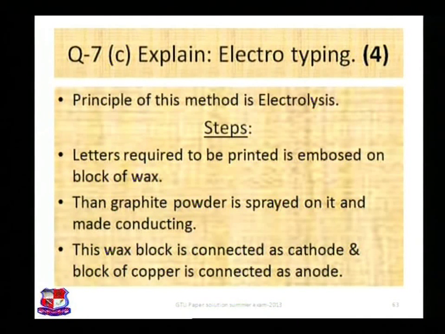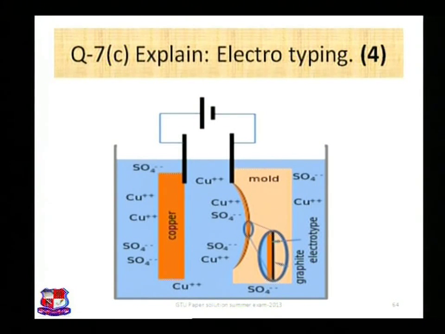Now what are we doing in electrotyping? Letters required to be printed are embossed on a block of wax. You can see the diagram of the electroplating here. There is copper sulfate solution that acts as the electrolyte.